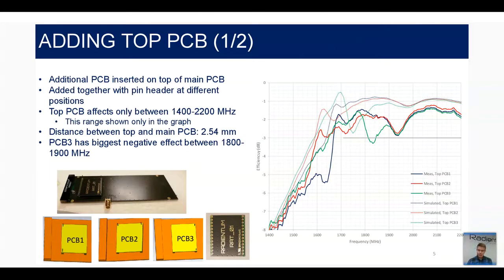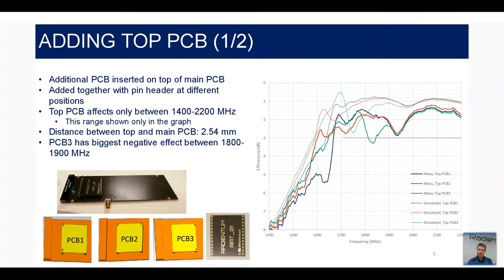From the simulated and measured results, we can see that, for example, in the PCB1 case, the blue one, there is quite a big notch in the efficiency just above 1600 megahertz. The same is also seen in the simulated ones, which are the dashed curves, but the effect in the simulation is not as big as in the measurements. In the PCB2 case, there's some ripple in the efficiency, but nothing major.